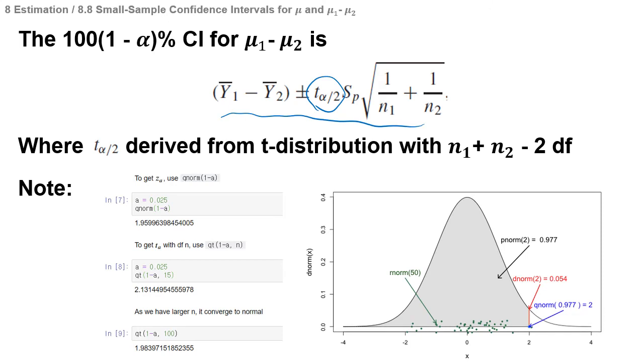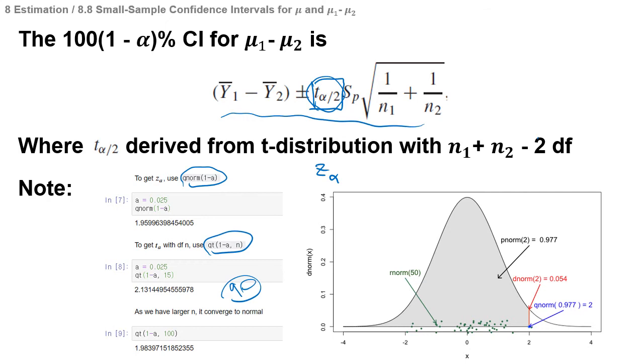And one thing to note is this. In R, if you want to calculate t alpha over 2 or z alpha over 2, it is useful to know that you can use qnorm or qt or any q distribution function, maybe in the future qf. These are functions from R, and they are very useful to know.